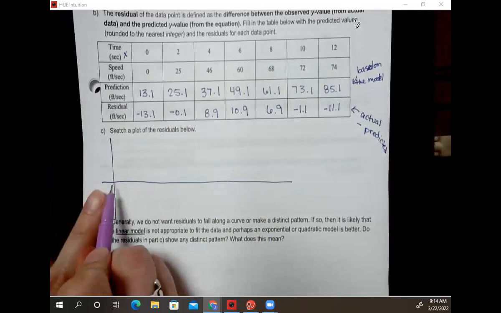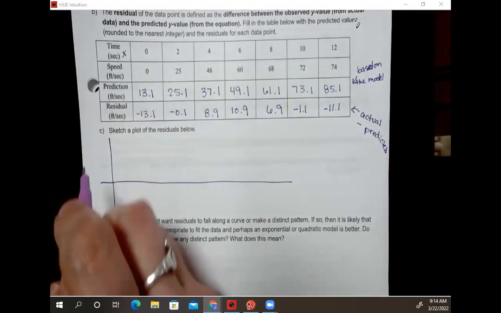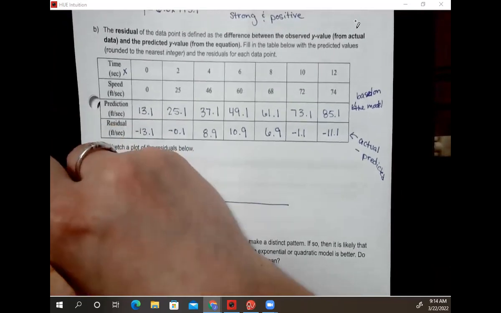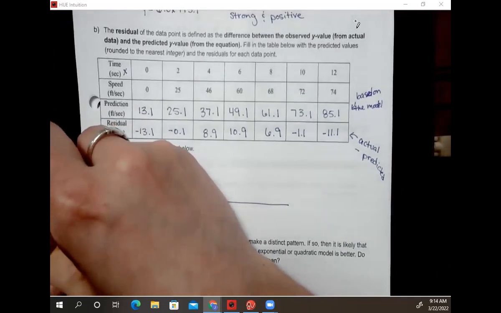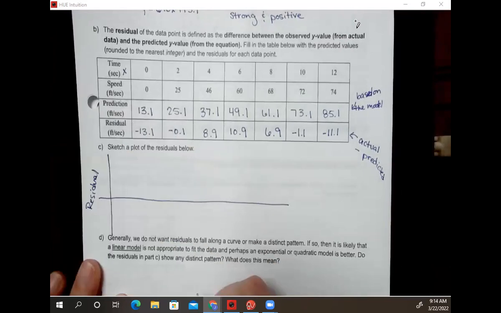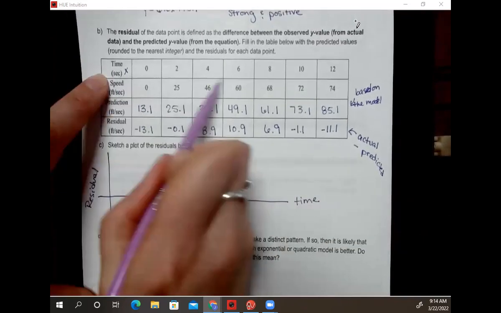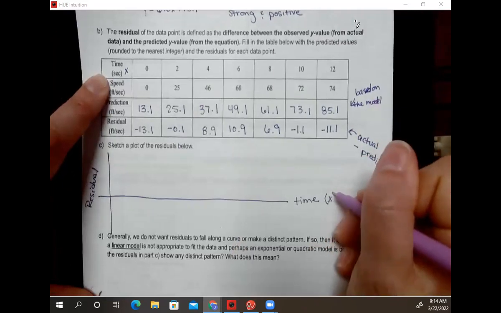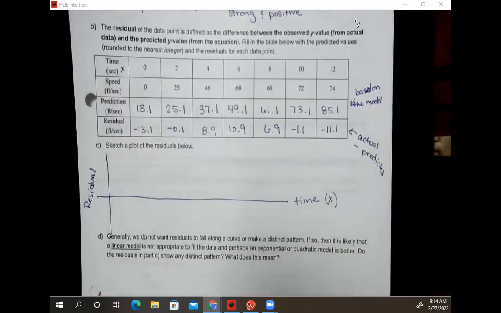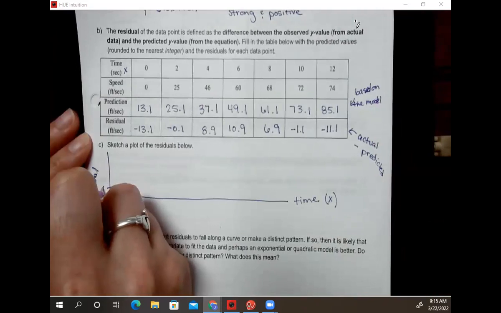My graph will be my residual versus my time. So the actual x value. So what I'm gonna plot here is the residual for each x value. And then I'm gonna do my residuals by 5s.